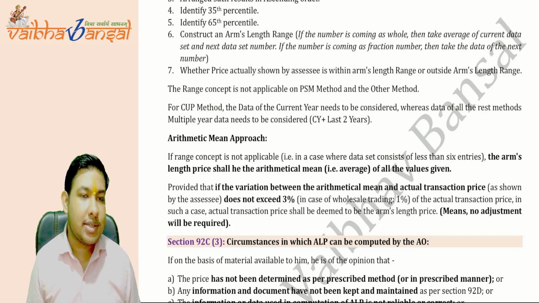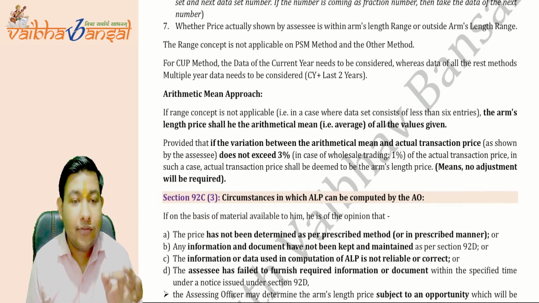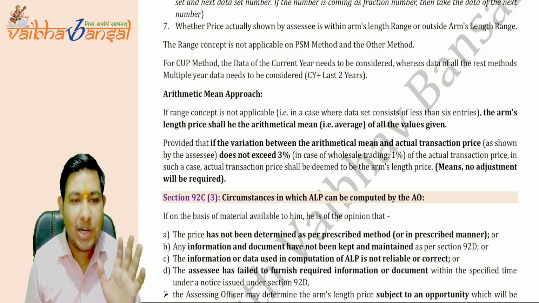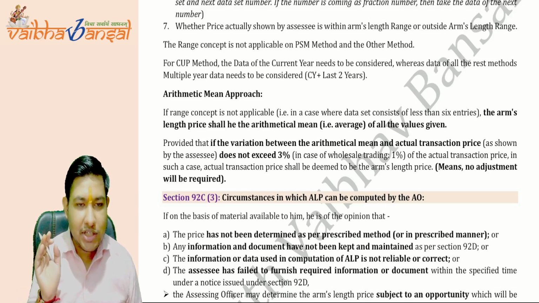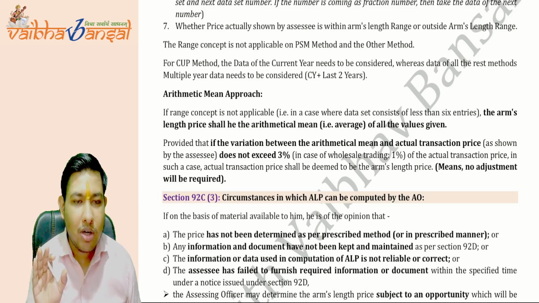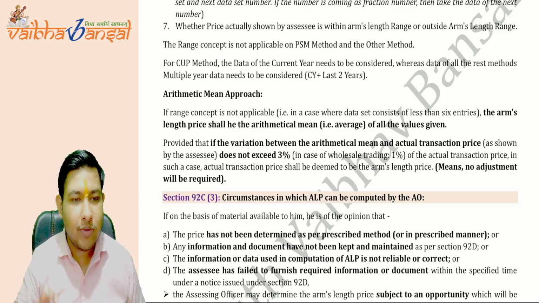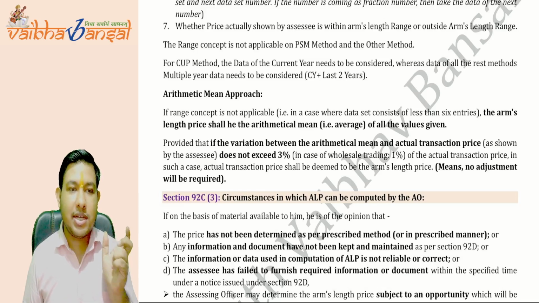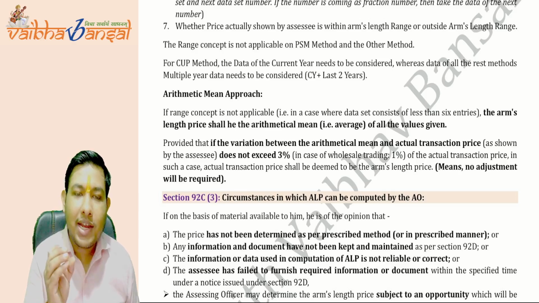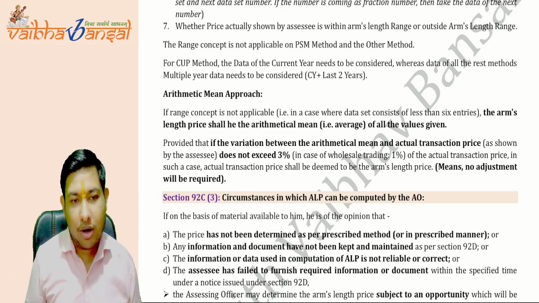Now, what does it say? If you are computing through the arithmetical mean, then just take the simple average of all your values and compare it with the actual transaction. If there is a variation, then we will check whether that variation exceeds 3% or not.